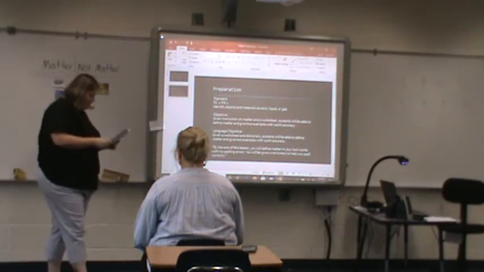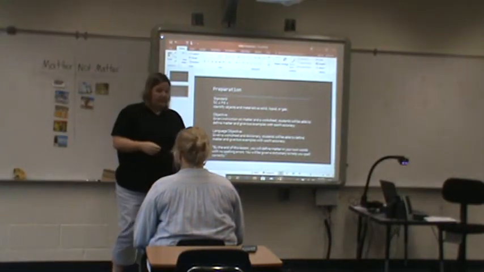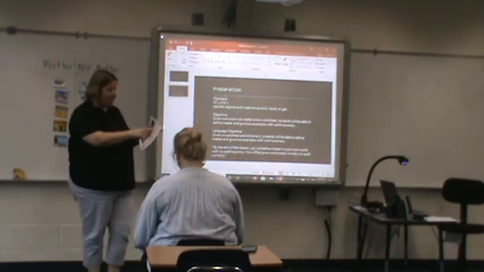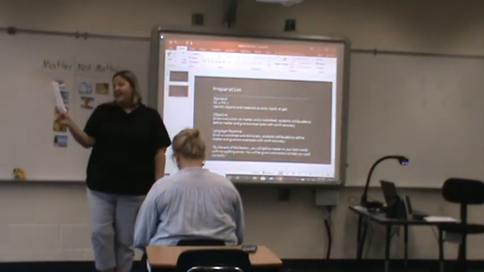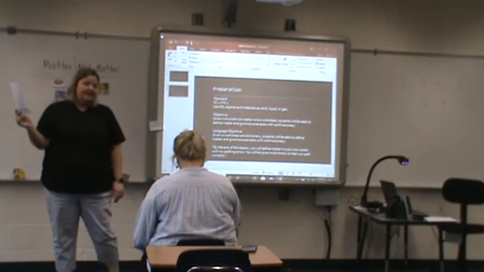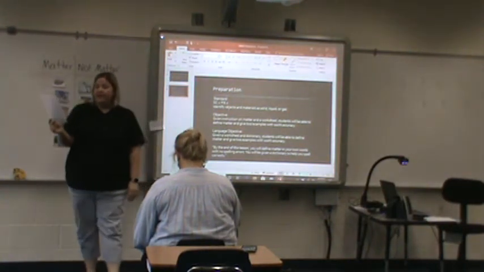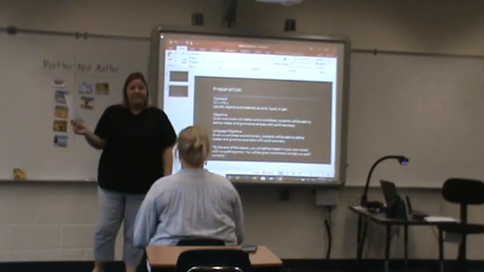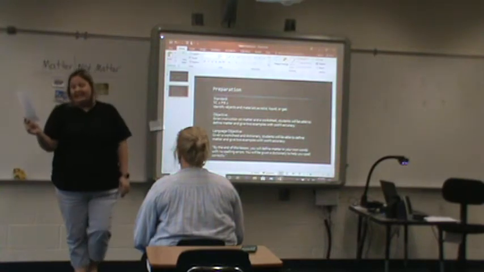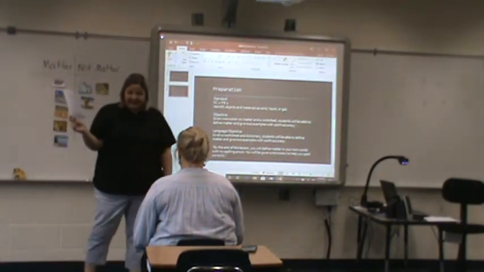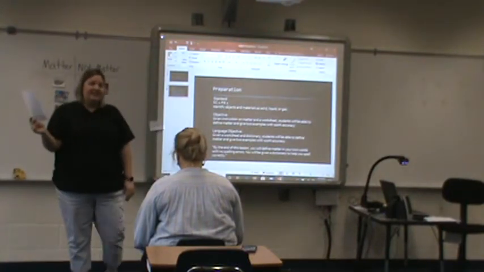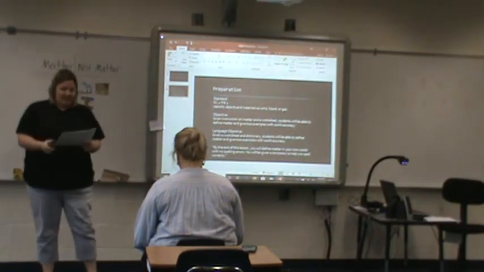One of our vocabulary words on this page is matter. Matter is anything that has mass and takes up space. Nikki, can you repeat that after me? Matter is anything that has mass and takes up space. Good job.